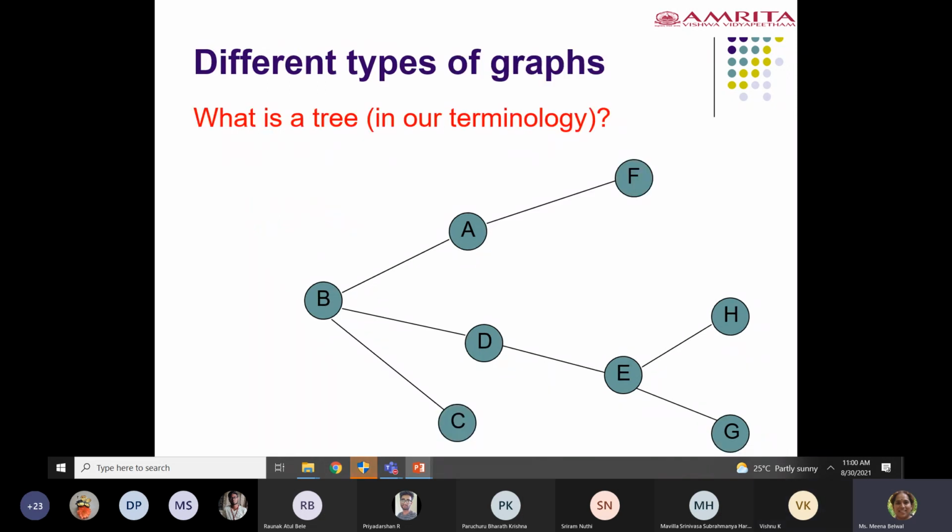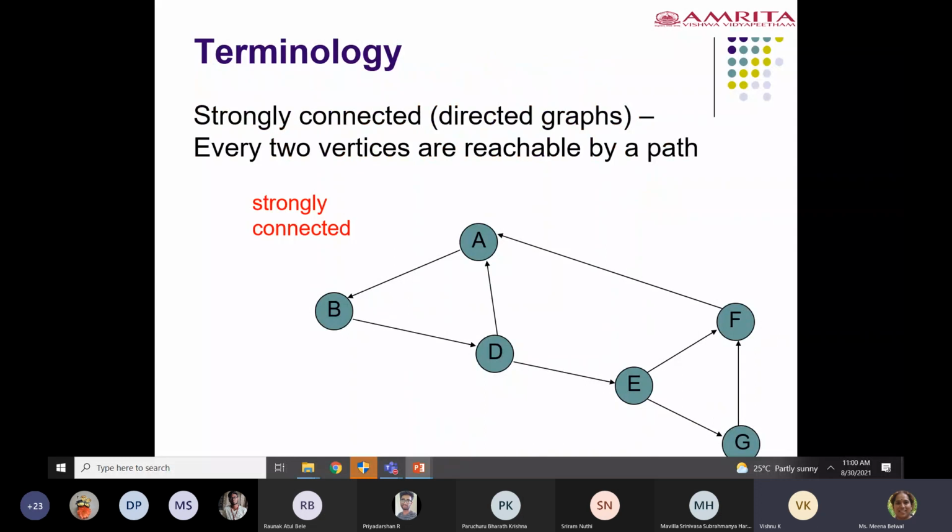Ma'am, can we say that if there exists a cycle within the directed graph, every node will be reachable? What are you saying? Please say again. If there exists a cycle within the directed graph, then you are able to reach. That's what you want to make a hypothesis, is it? Yes.